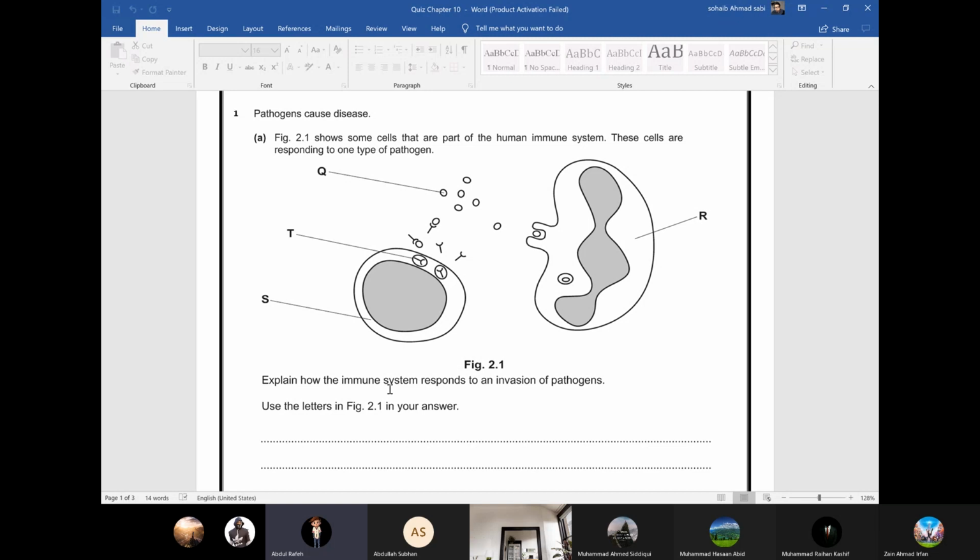No, how can you tell by looking at them? Sir, because R is eating a pathogen. Then sir, the nucleus is, there is not a proper nucleus.